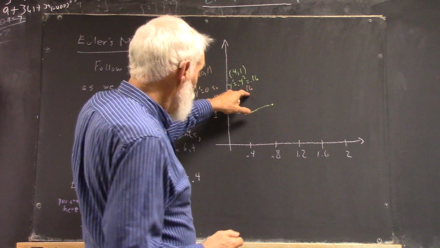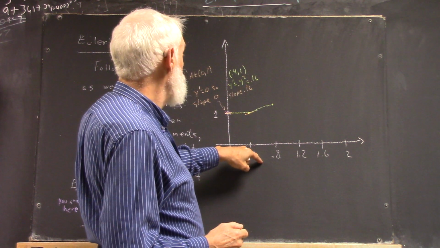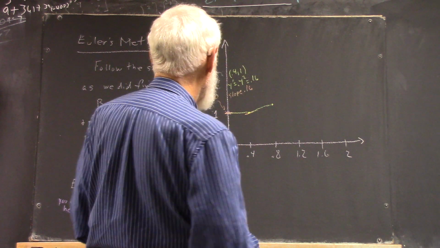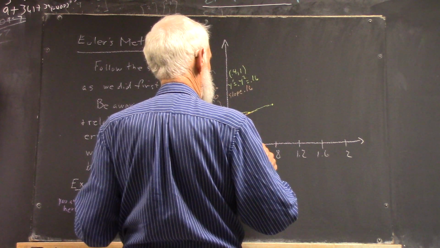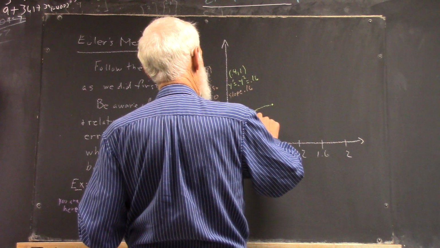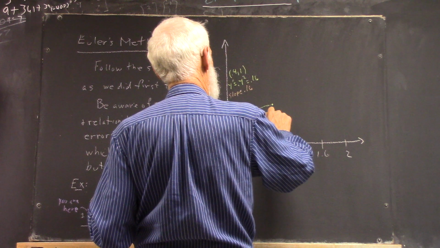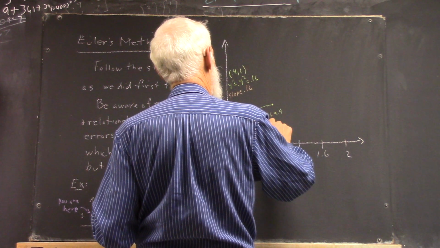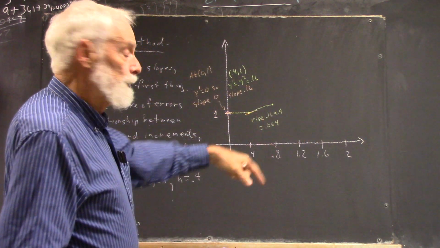So, well, at a slope of 0.16, we move 0.4 units, so we must move 0.064 units in this direction. So, rise is this.